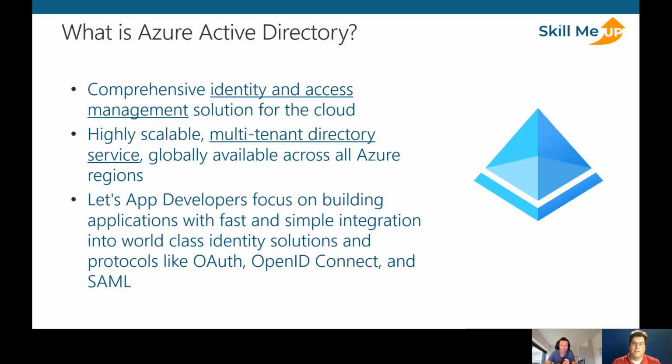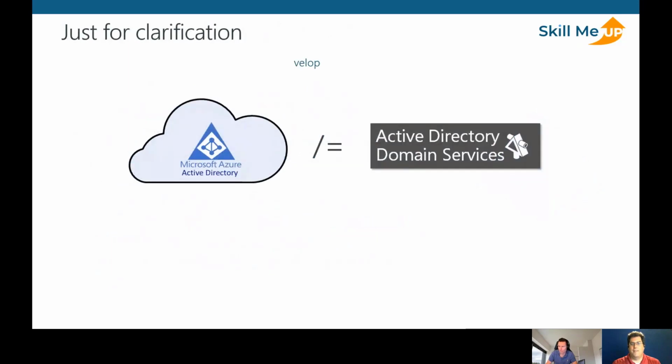Yeah, that's an important one, because the fact that Microsoft named the identity management service in Azure Active Directory has caused a lot of confusion out there, and I'm sure Wim comes across the same thing. When I'm teaching a lot of classes, you've got to clarify what the difference is between the two. Azure Active Directory is a cloud-based identity service.